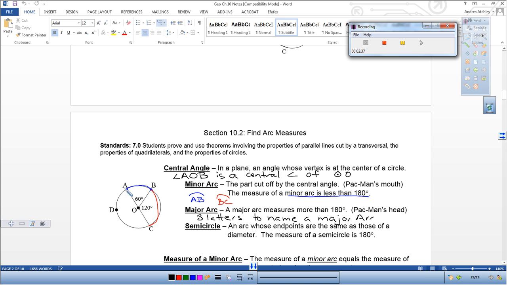So we can go A, B, and back around, arc ABC. Now you're going all the way around that circle.